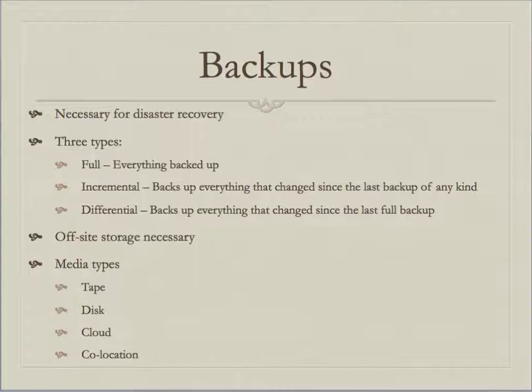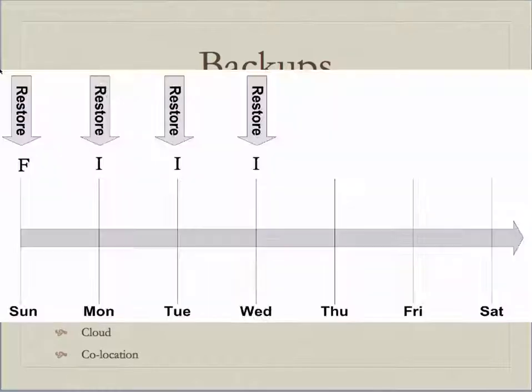So, if we have incremental backups, we can cut our backup times significantly by only backing up what's changed since the last incremental backup. The problem with incremental backups is that I have to restore every single incremental backup since the last full backup.